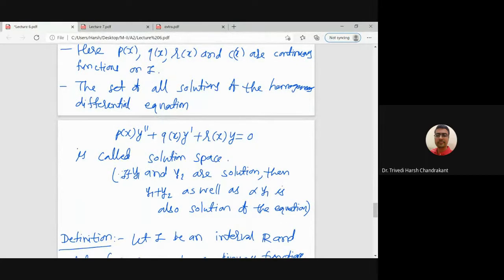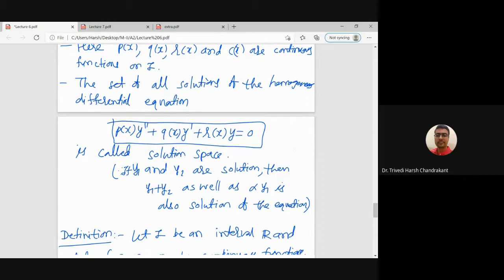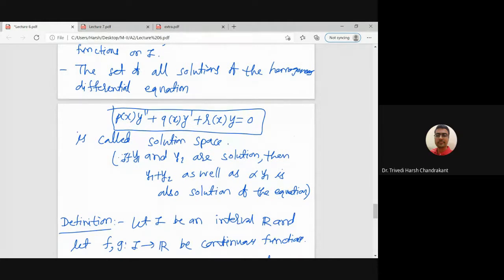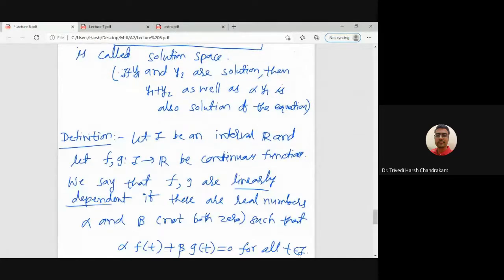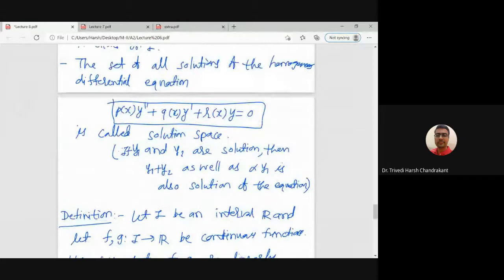If y1 and y2 are solutions of the homogeneous differential equation, then y1 plus y2 is also a solution of this equation. That is easy to check, and any number times y1 is also a solution. So the set of all solutions makes a vector space. Clearly this solution space contains the zero vector.